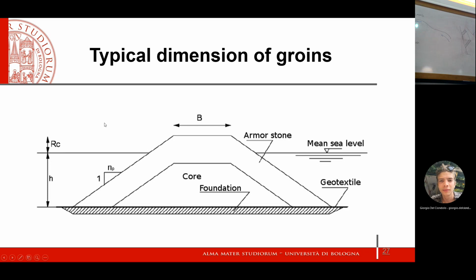Okay, now let's look at the typical dimensions. Let's give some order of magnitude. Here you can see a cross section of a groin, which is not permeable. And it may be done by boulders, but in this case, it's important to identify the main component of the structure. This is not something that is compulsory. It's not a rule.